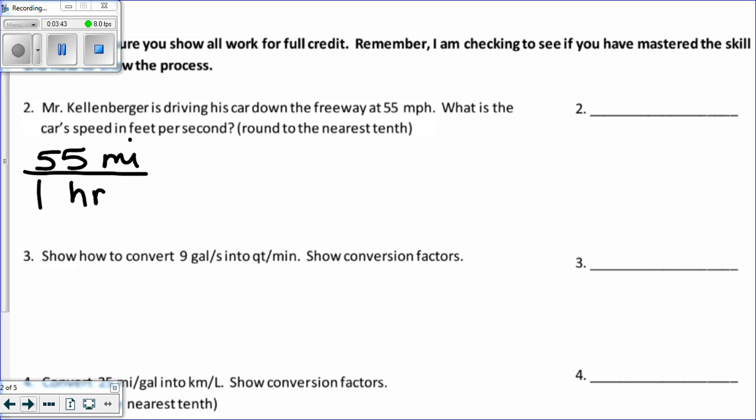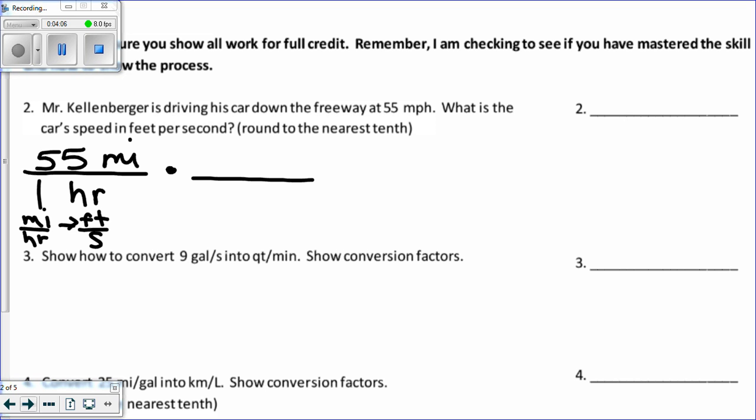So now I have to go from miles per hour to feet per second. So I'm going to write a little note. Miles over hour to feet per second. So to go from miles to feet, we have one conversion factor. In your conversion factors, you should always have a 1.